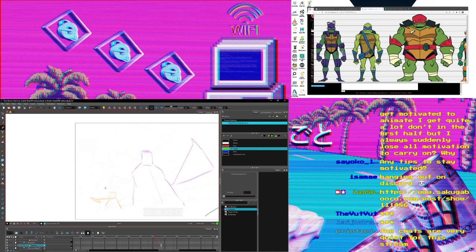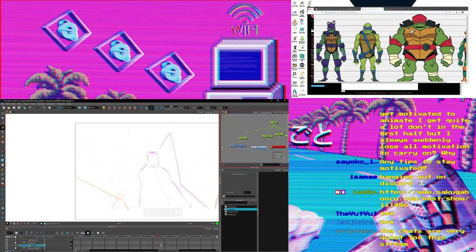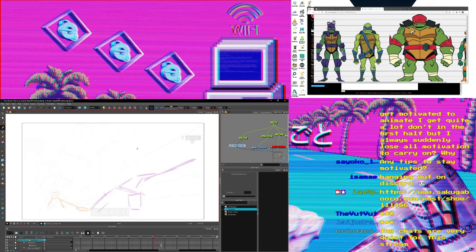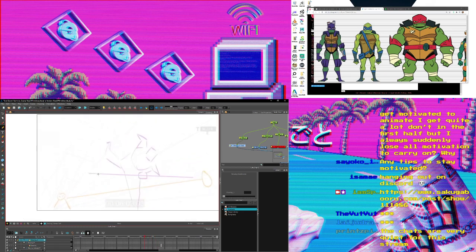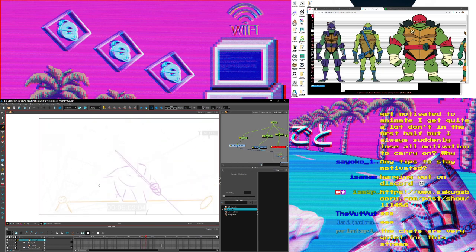The problem solving that needed to be solved in this shot is to do a dynamically staged scene of Donatello expertly dodging, almost like jump roping and ducking.